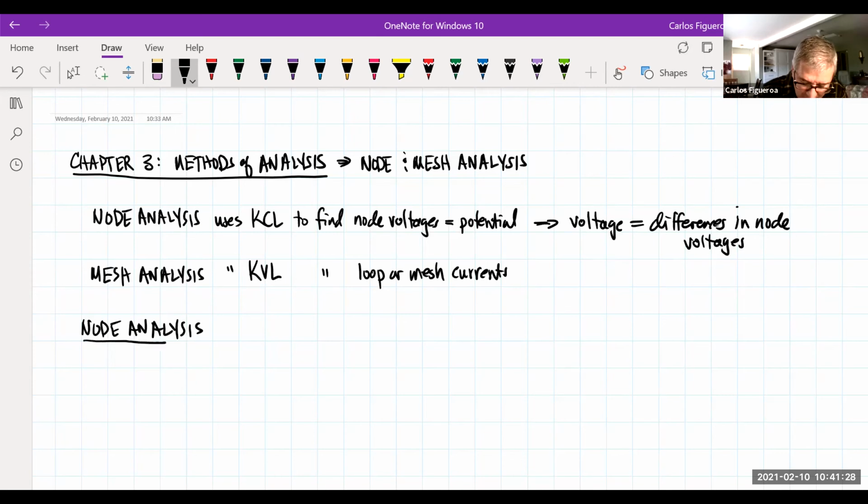And what you're going to find here is that when you look at node analysis, we're going to bring this in in a series of steps. So it turns out that it's easiest to start with only independent current sources.